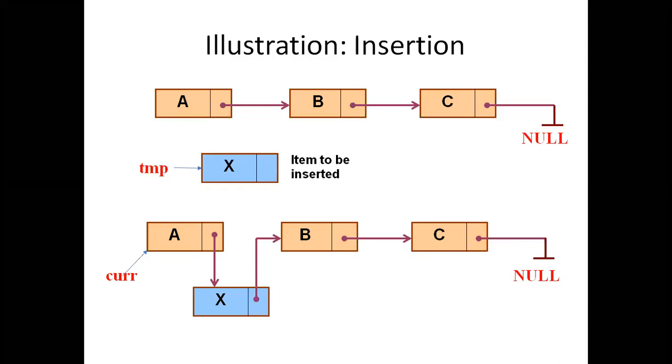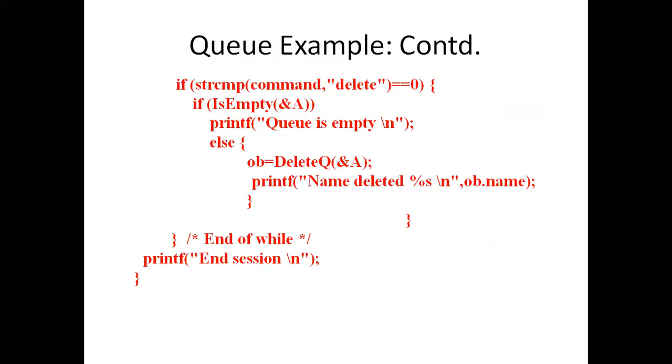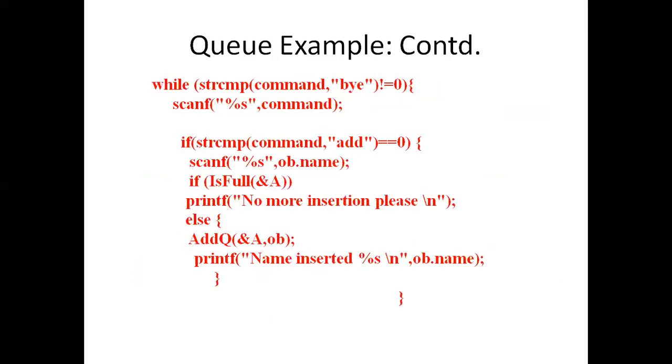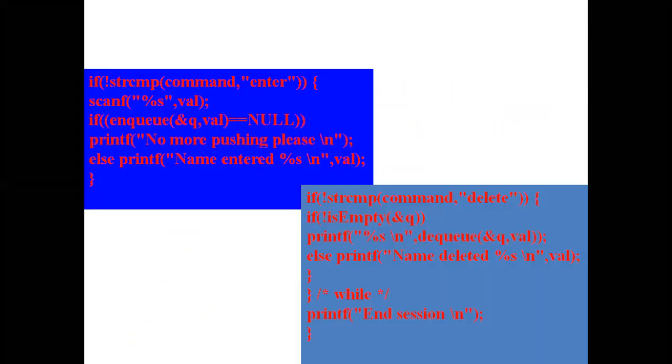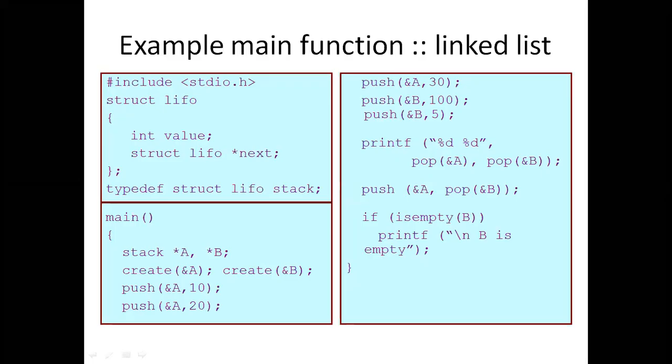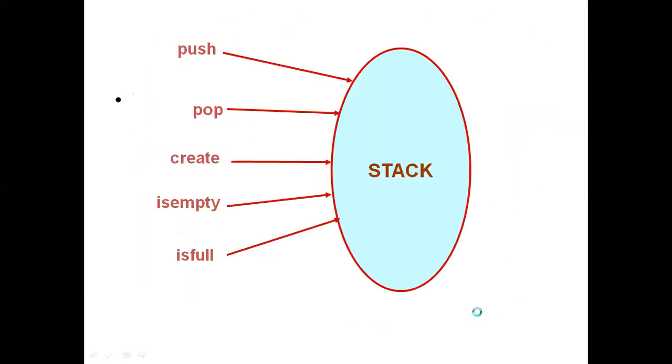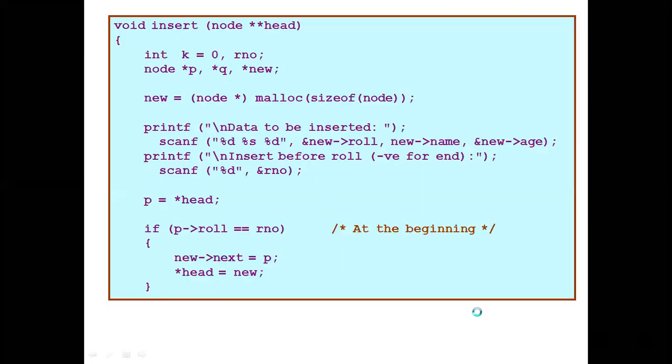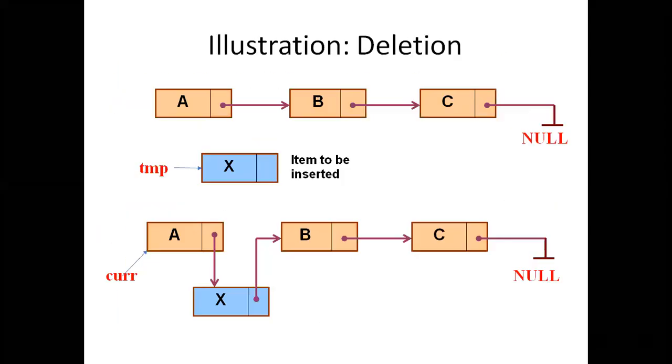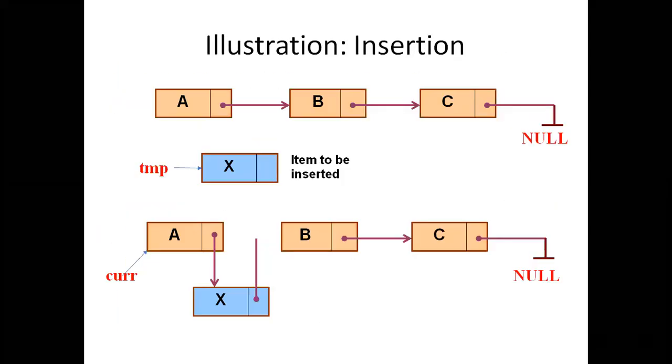For that I write the code A.next = temp, so that the link is established between these two. In such a way, we can insert the element into the list at the second position.